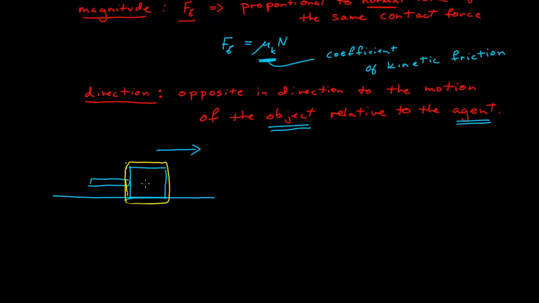So let's look at each one separately. If I look at the contact force of the stick on the block, if it is pushing exactly in this direction, then that force is entirely perpendicular to the surface of my object.